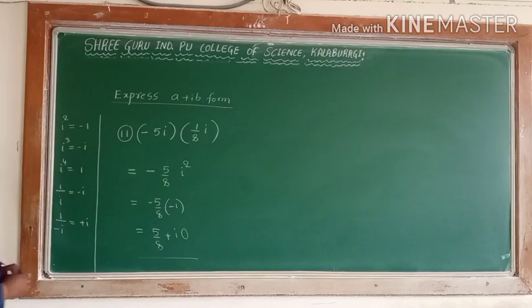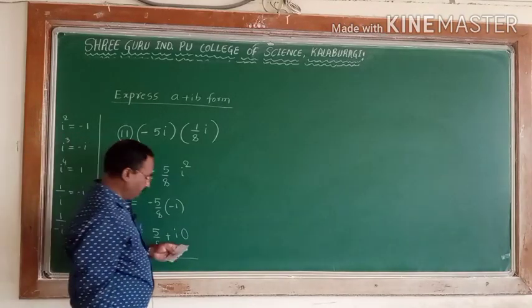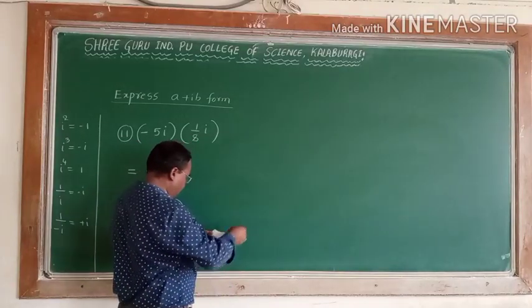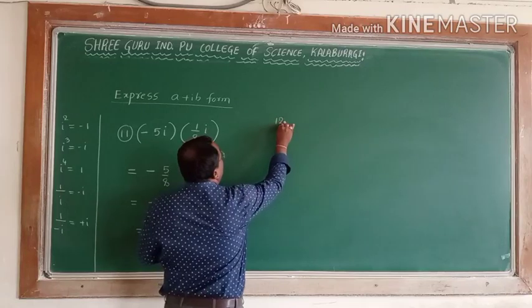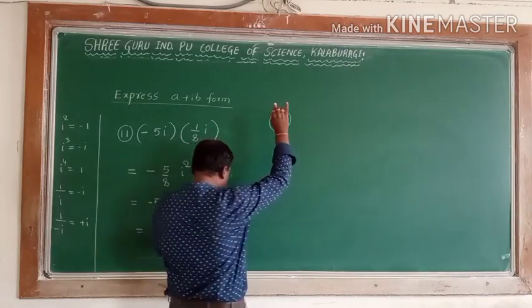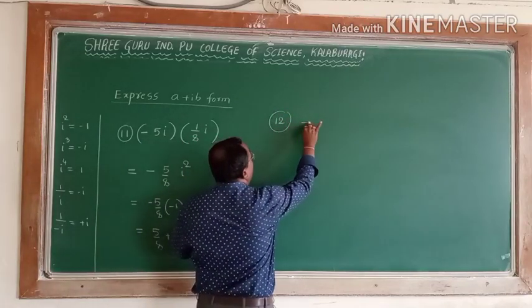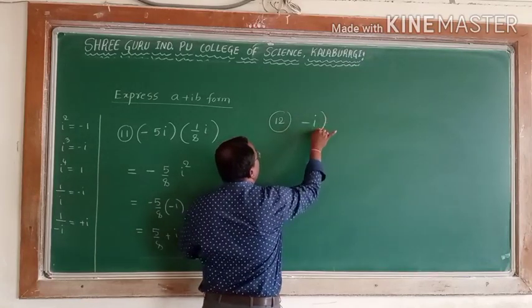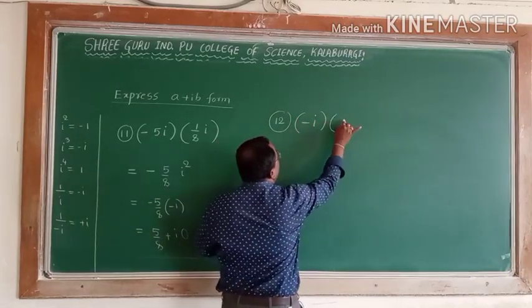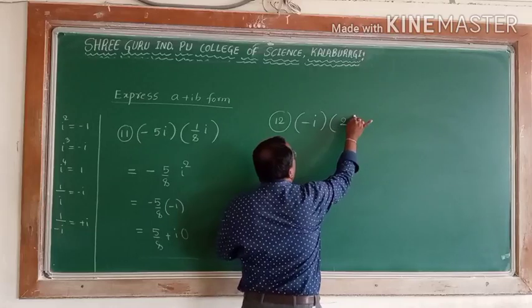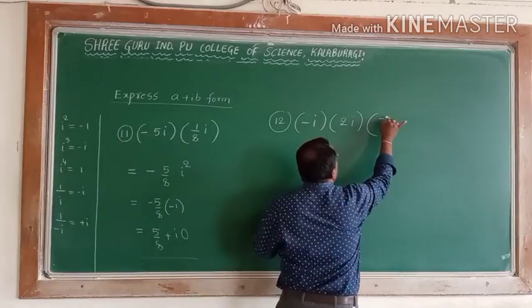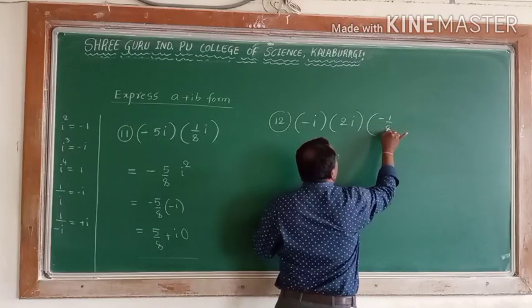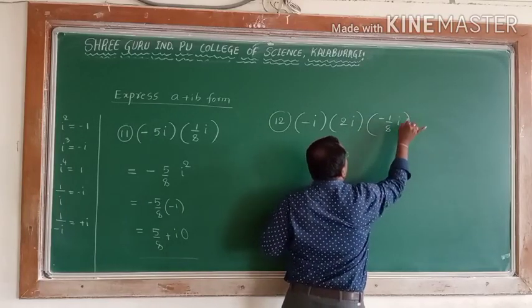Next, example number 12, that is minus i, 2i, minus 1 by 8 times of i, whole cube.